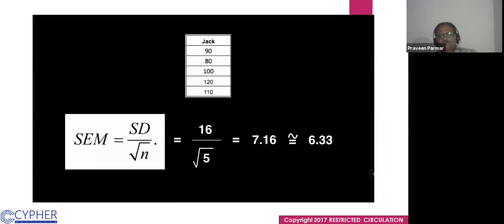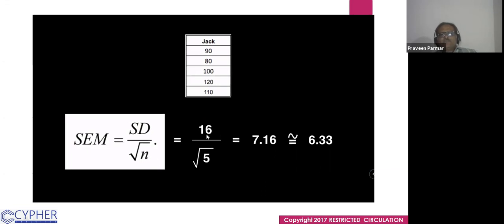So here you see I have calculated this for the first sample we have used. One formula has been developed by the statisticians which is approximate to it: SD over root n.